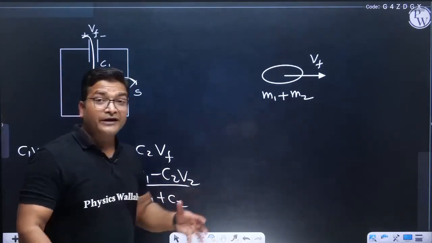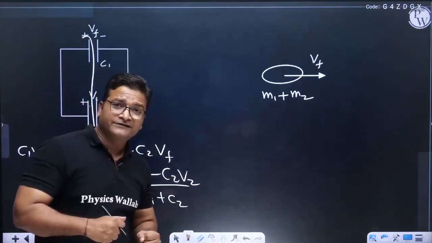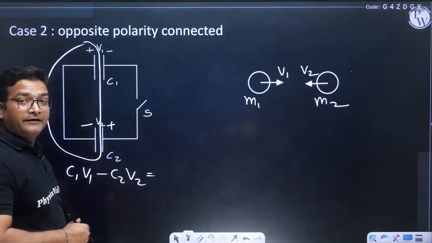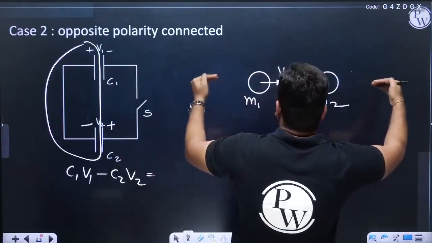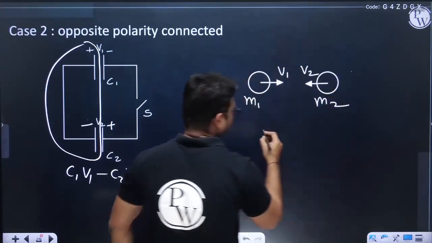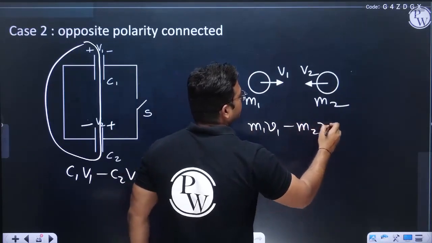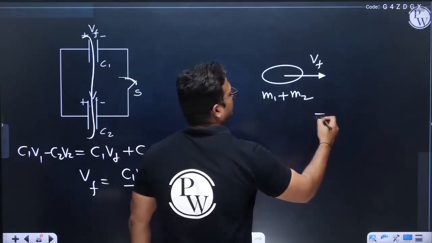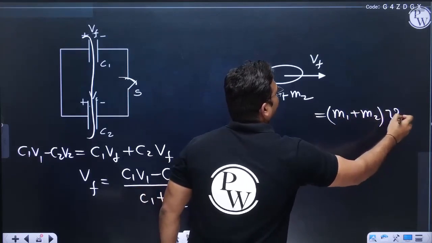But this process you can again compare with the collision of two masses. As different polarities are connected, you have to take the two masses moving in opposite directions. The momentum becomes m1 v1 minus m2 v2, and after collision, the momentum becomes m1 plus m2 times final velocity.